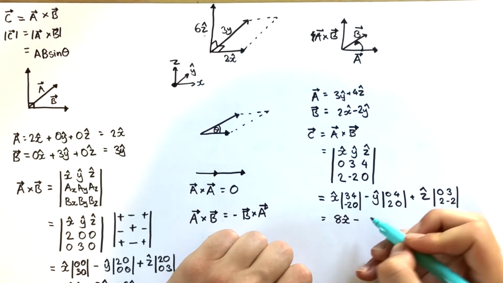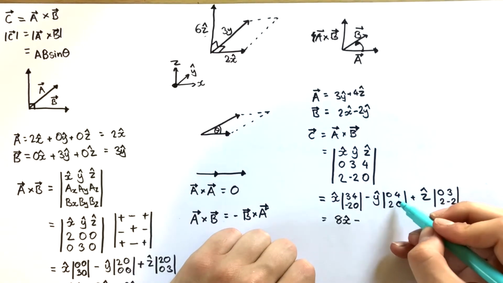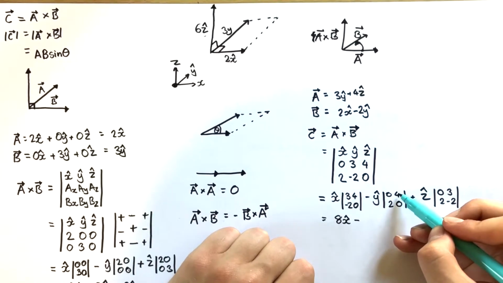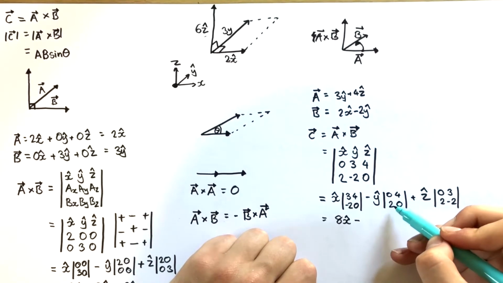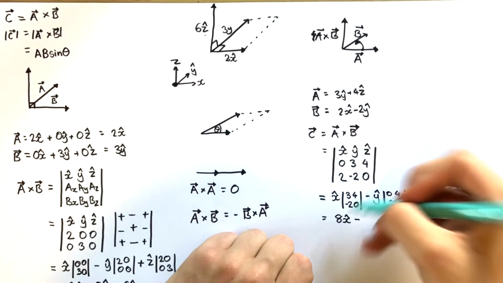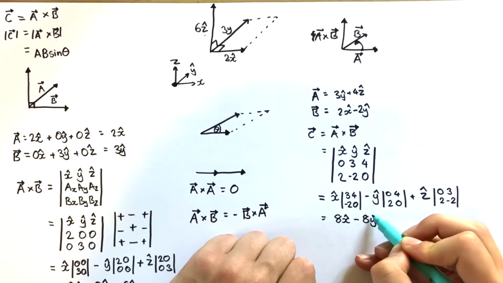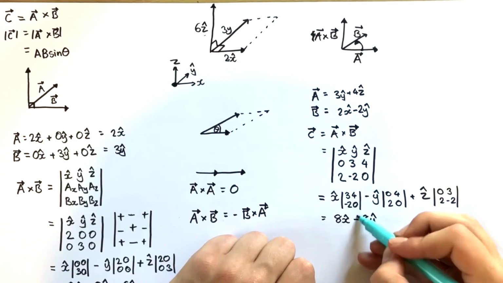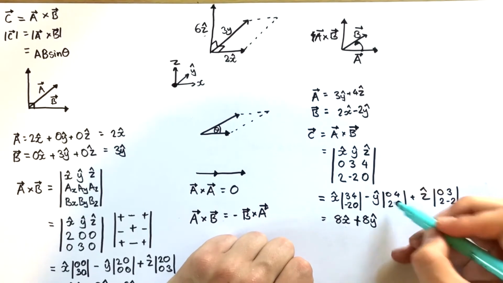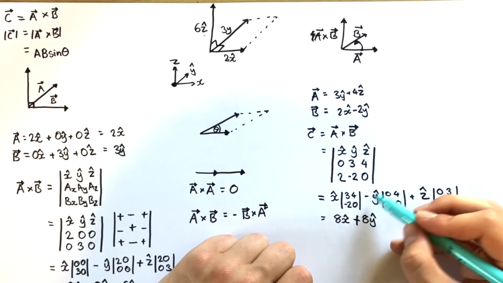And what are we going to get in the y hat? Well, we're going to get 0 times 0 minus 4 times 2. Now this would be minus 8y hat, but of course there's another minus sign here to cancel that. So you're going to get plus 8 in the y hat direction, because we've got minus 8 here cancelling with this minus here.